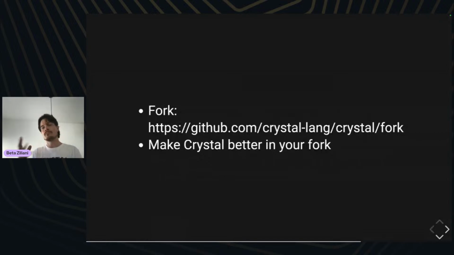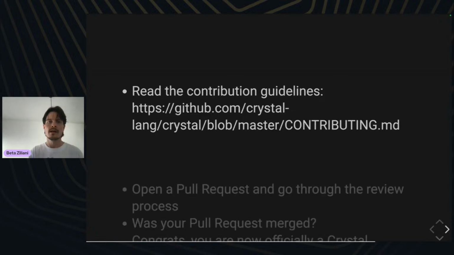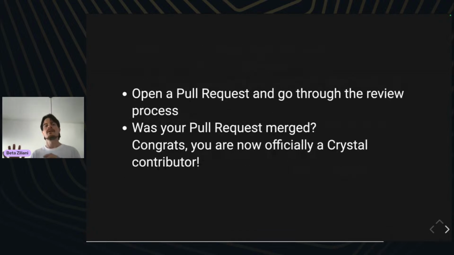Then you improve Crystal in your fork, ideally in a different branch from master. Please read the contribution guidelines. They detail several things that I'm not going to mention here. What's the best way for your contribution to be accepted into Crystal? And once you're ready, you can make a pull request and ask for a review.